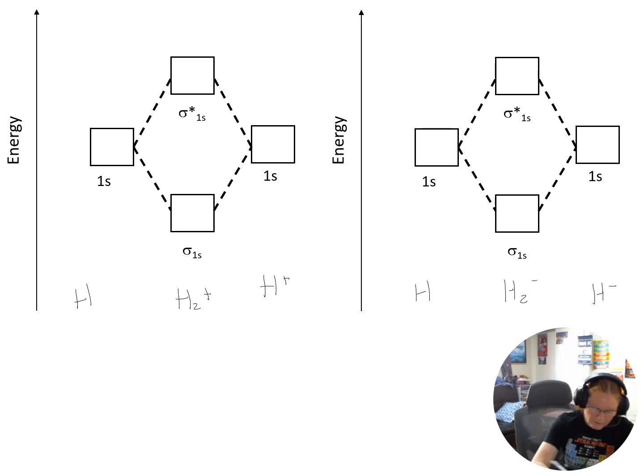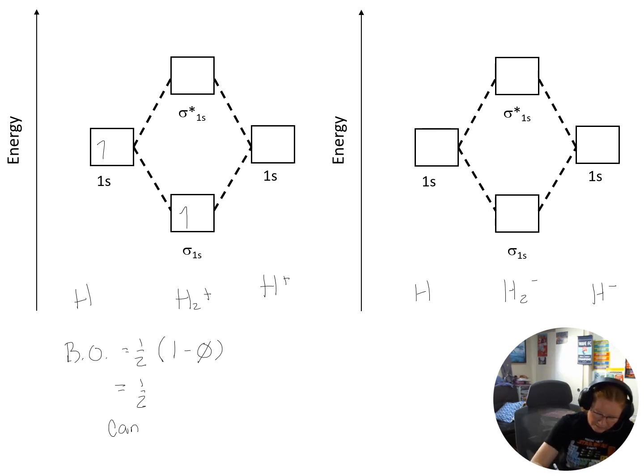Hydrogen has that single 1s. My hydrogen plus means we've taken away an electron, so that's just a proton. We'll fill in our molecular orbitals, and that's the only electron. Our bond order is 1/2 of 1 minus 0, which gives us 1/2, so it can exist because it's over 0.